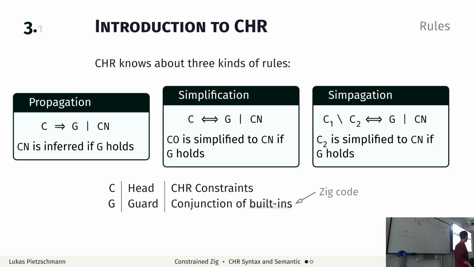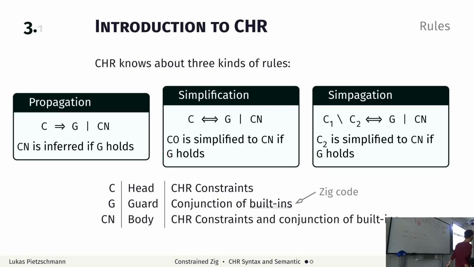So in the guard, we can run arbitrary Zig expressions to determine if the rule is applicable. The guard will never contain any constraints. And the body can contain both, so we can return new constraints from the rule, but we can also execute Zig code.